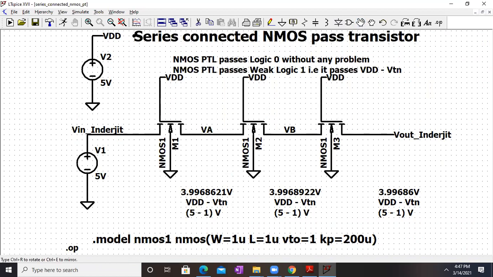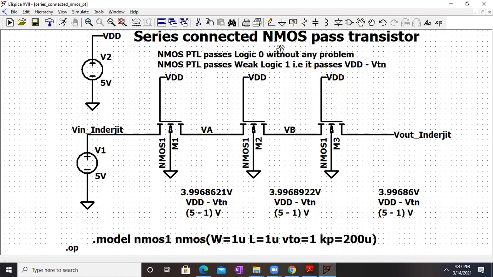Let me take this a little up. So NMOS pass transistor passes a strong logic 0 without any problem, but it passes a weak logic 1, that is, a voltage of VDD minus VTN. Instead of VDD, it passes VDD minus VTN voltage. And we have seen the demonstration with a threshold voltage of 0.7 and a threshold voltage of 1 volt. Okay. Now let us go back to the theory.